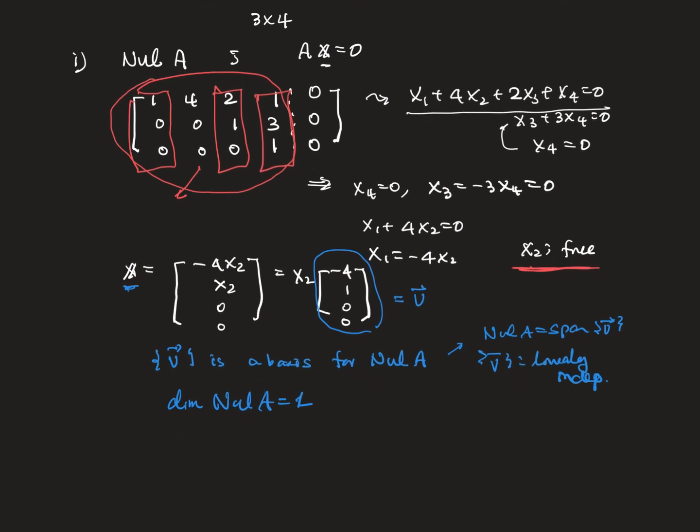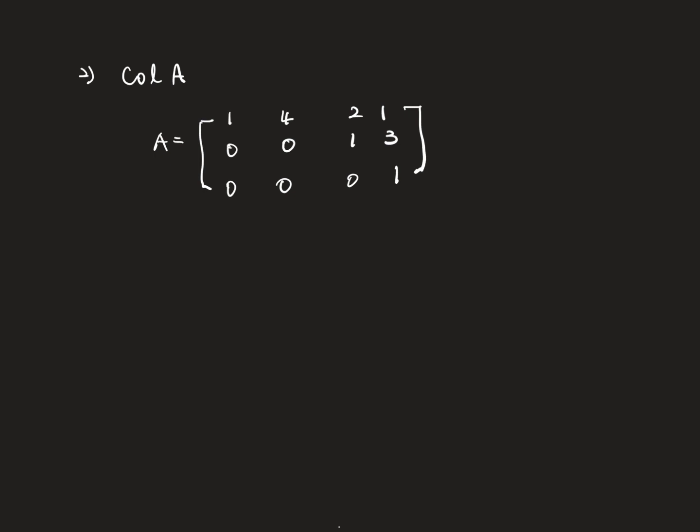Okay, let's go to the second part. How can we find the dimension of the column space of A, guys? Do you remember how to find the basis for the column space of A?